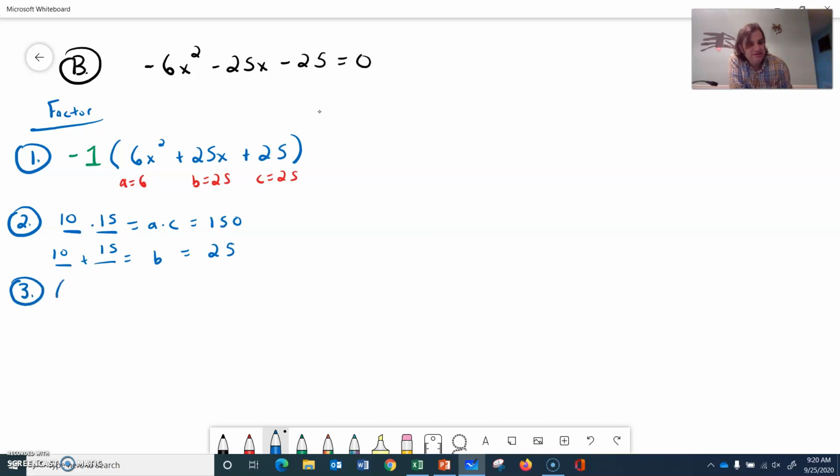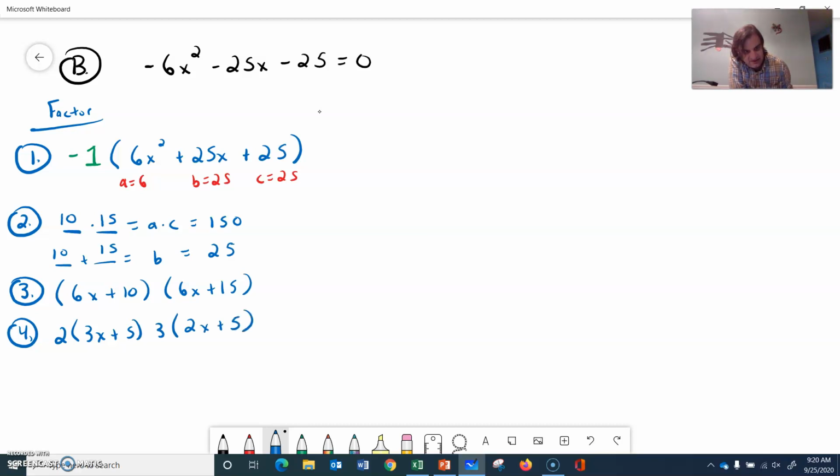But let's see here. We're going to set up our two factors, which will be 6x plus 10 and 6x plus 15. We put an extra 6 in. Let's see. We can get a 2 out of the first one, which will leave 3x plus 5. We can get a 3 out of the second one, which will leave 2x plus 5. So we pulled out an extra 2 and a 3, which is the extra 6 that we put in.